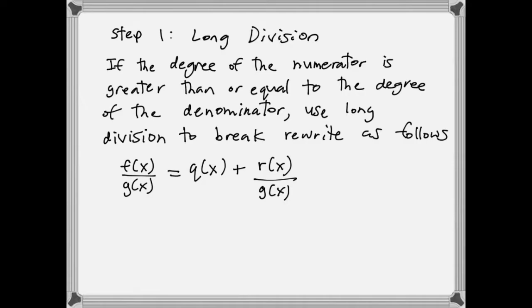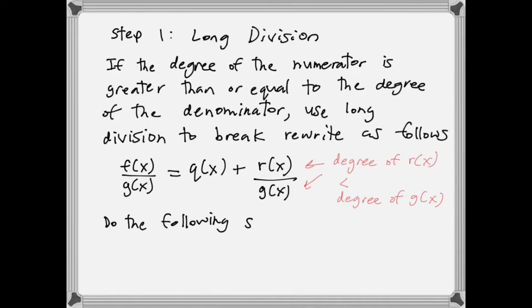And so the whole point of using long division to write it this way is that this guy now, the degree of r of x is smaller than the degree of g of x. And now, do the following steps with r of x over g of x.